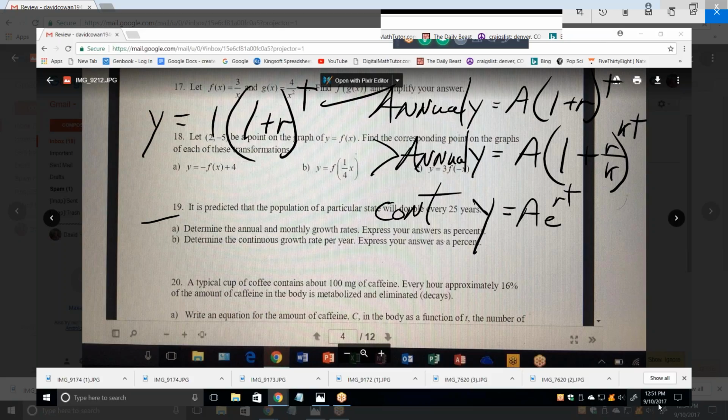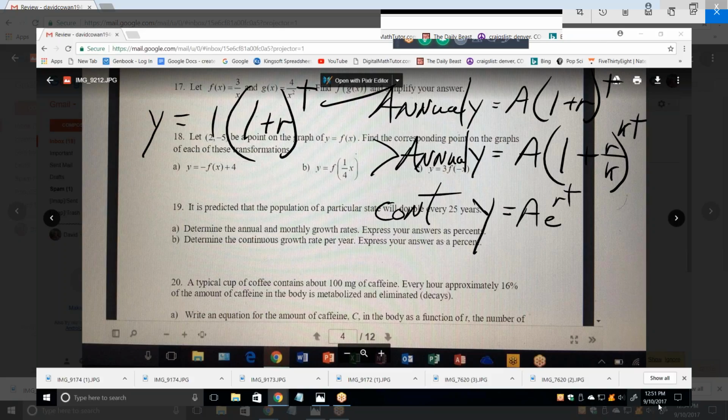Well, the annual rate should be pretty easy. If we're doubling every 25 years, fill in the missing variables for this equation. And it doesn't really matter if I start with $1 as my initial investment or $10 or $15, you'll see why.